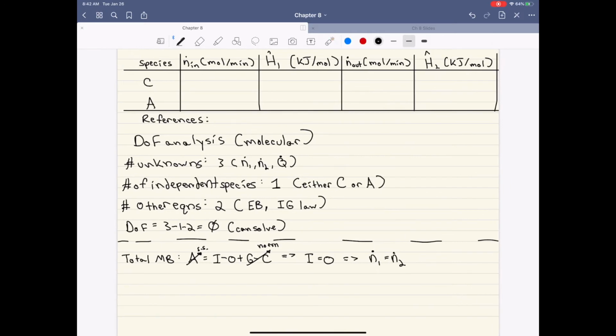And so we can invoke the ideal gas law, and we could just say that our molar flow rate is equal to the volumetric flow rate, which we know, at STP conditions, divided by the molar volume of an ideal gas at STP conditions.